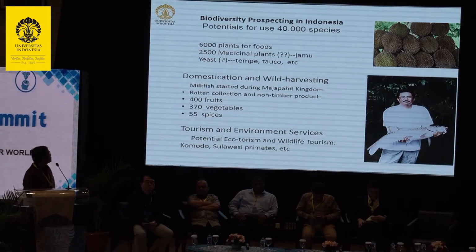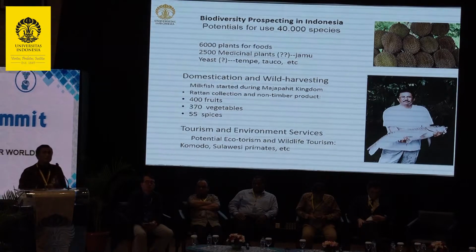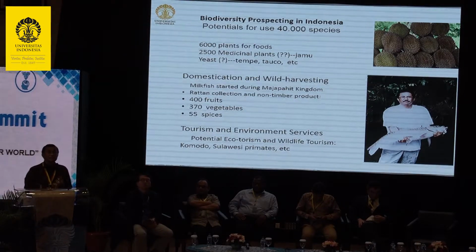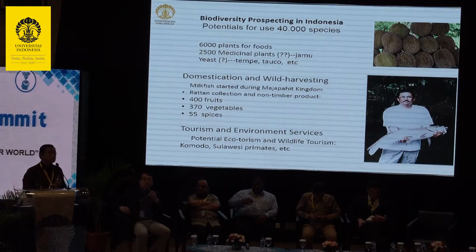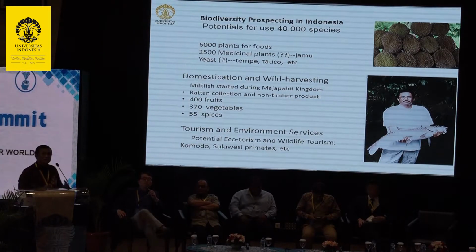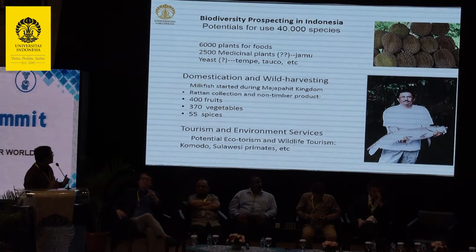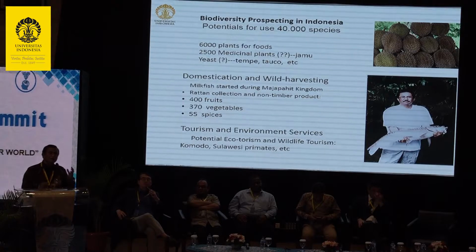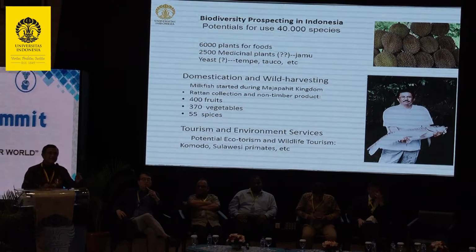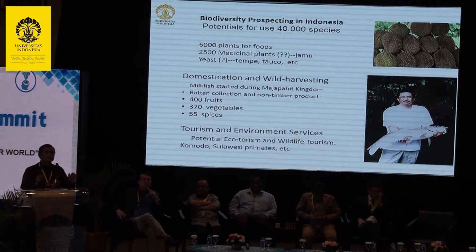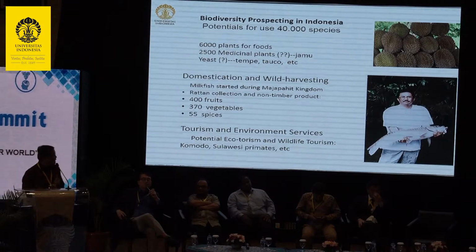If you look at durian here, we have 60 different species of durian, but only one or two species that we eat. So we have so many in our forest. We still have 400 fruits, but only a handful of fruits we eat, like apples, bananas, and those things. Out of 400 fruits, we also have so many vegetables, spices, and many other things.